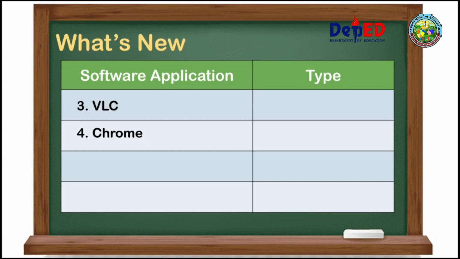Number 4, Chrome. Number 5, Microsoft Excel. Number 6, Norton.